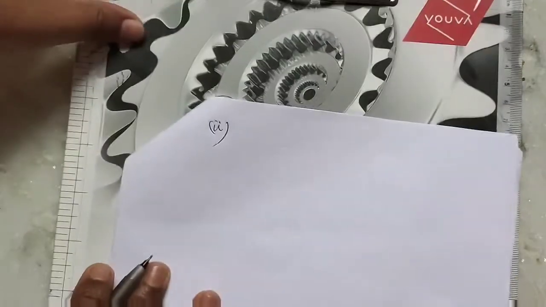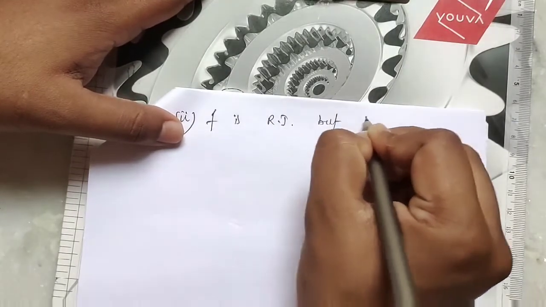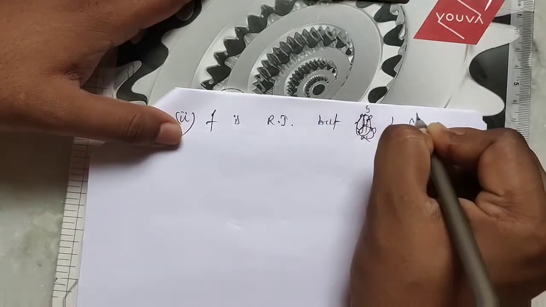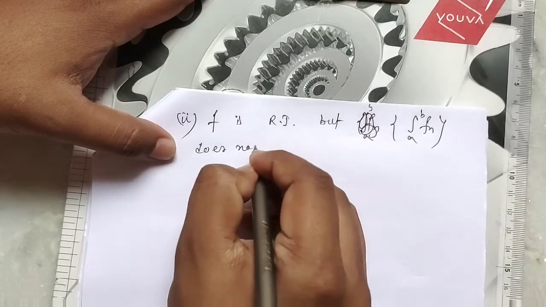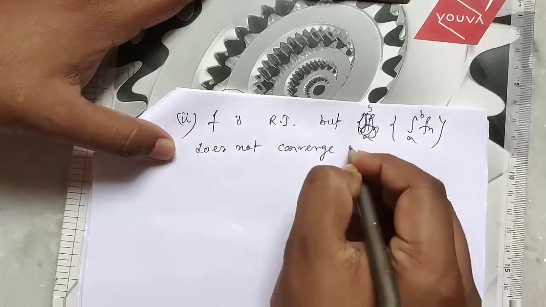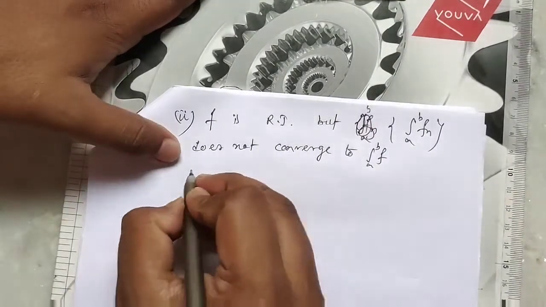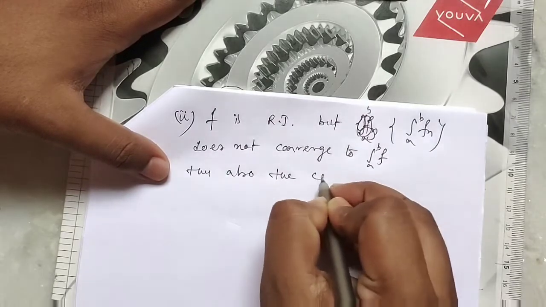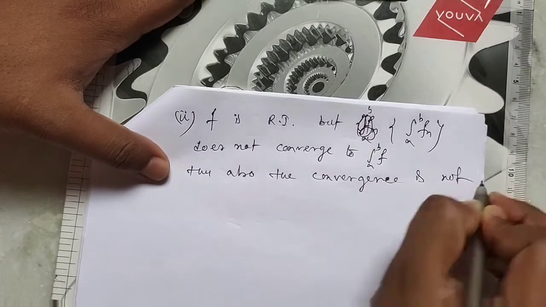And number two, if f is Riemann integrable, but the sequence does not converge to integration of f, then also the convergence is not uniform.